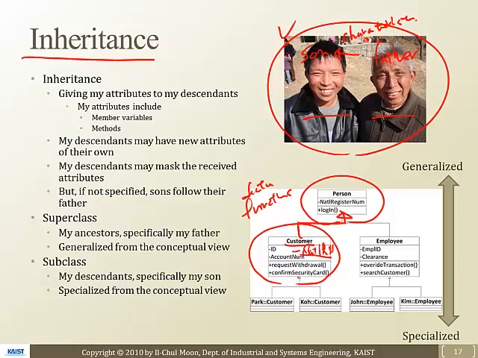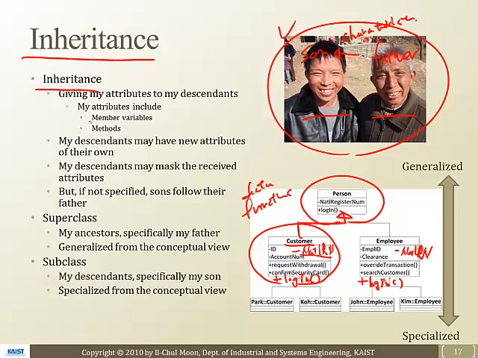And even though we don't specify login here, we should assume that because we are pointing the hollow point arrow from the customer to the person, it has a plus login function here. Employee class, same effect. It should assume that the plus login function is here and the national registration number is here, right?